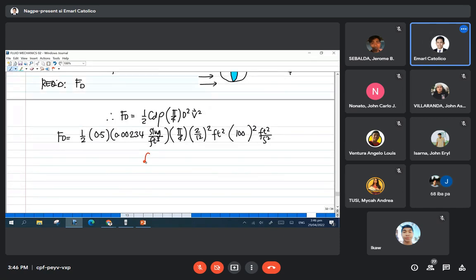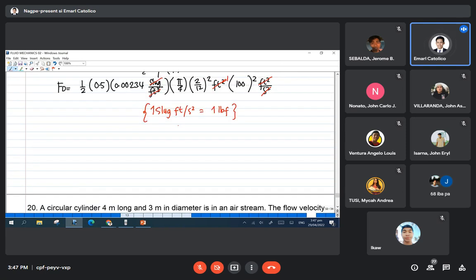One slug feet per second squared is equals to 1 pound force. Then ito, may natirang isa plus 2, 3. So makakancel ko. So pound force yung unit natin dito.